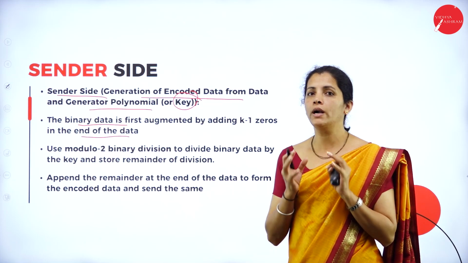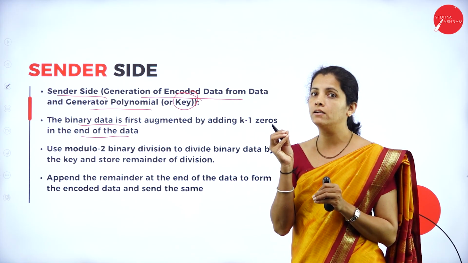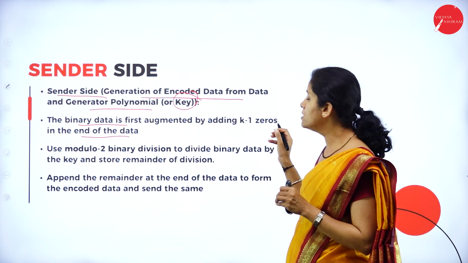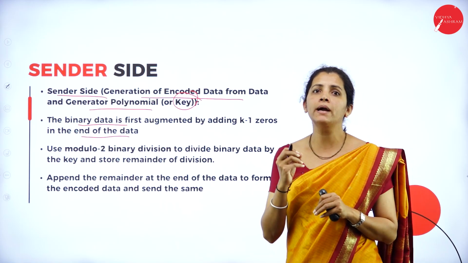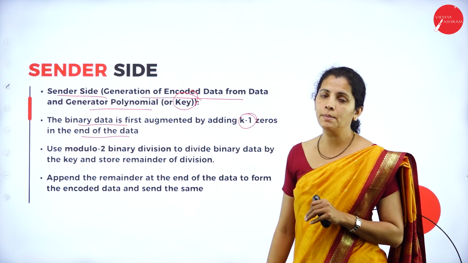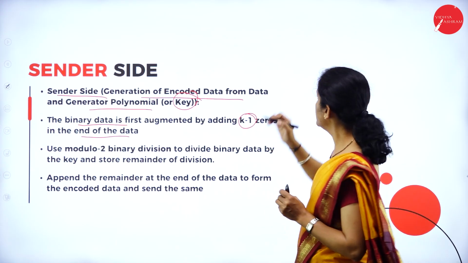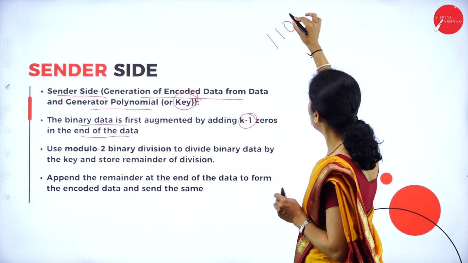So, dear student, whatever data I have, for that I am going to add 0, 0, 0, based on my k. So, what is k here? K is nothing but the key. Think that I am going to have the key 1, 1, 0, 1.